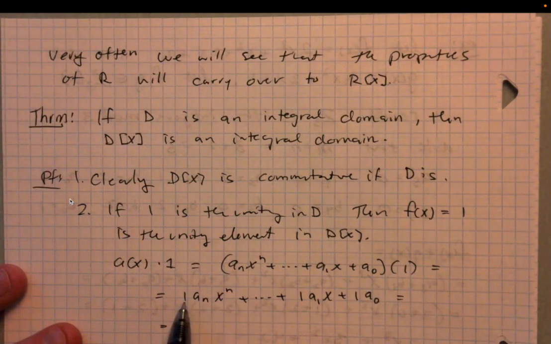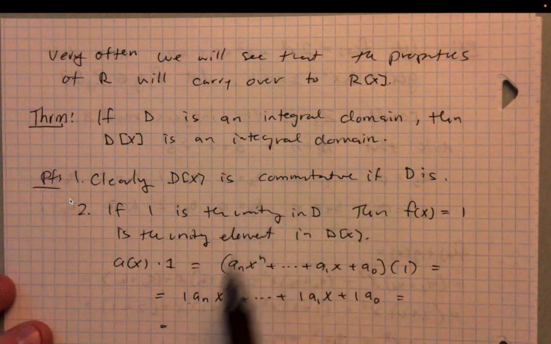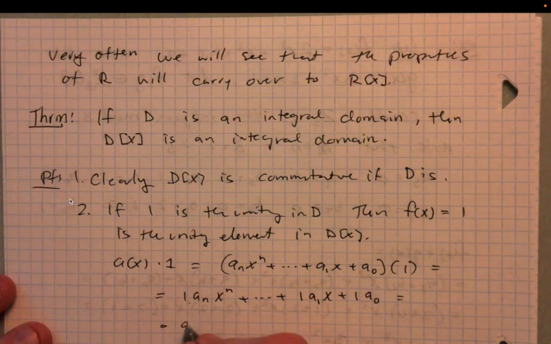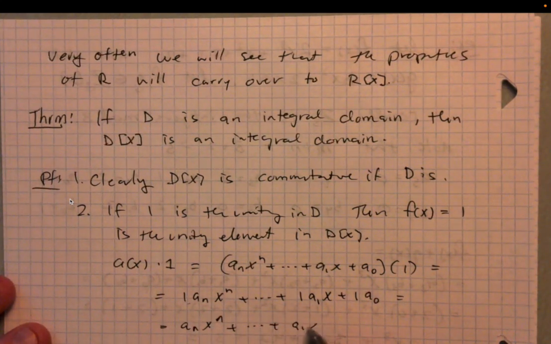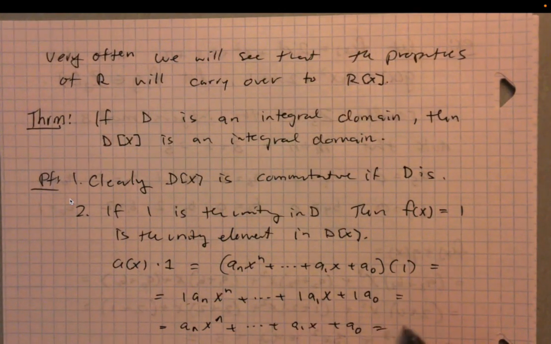And so of course 1 times a sub n, right? 1 is the unity in D, so this is just a sub n x to the n plus dot dot dot plus a sub 1 x plus a sub 0, right? And so this is of course a of x, and so of course D of x has a unity, and it's just f of x equal 1, the constant polynomial equal to 1.